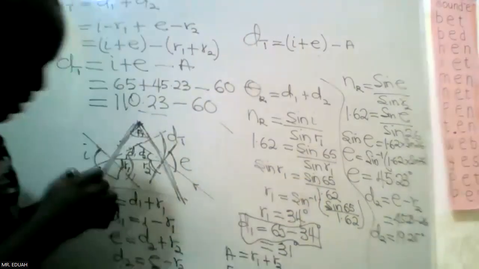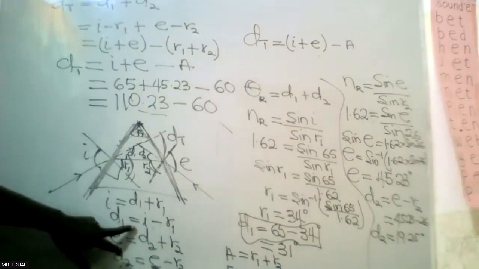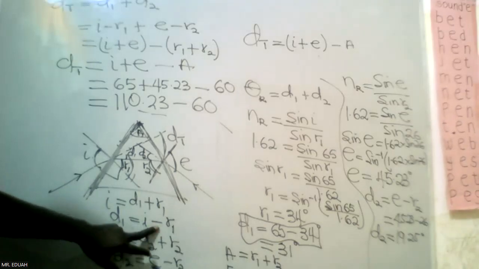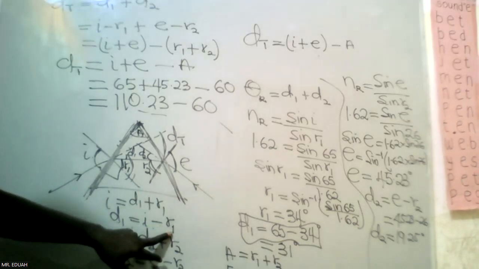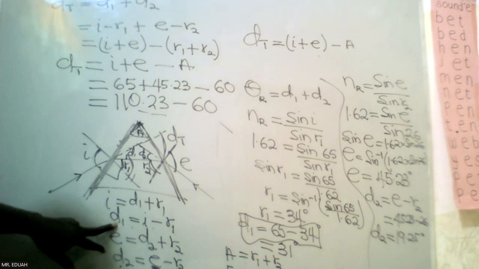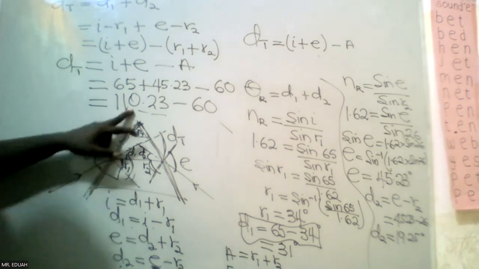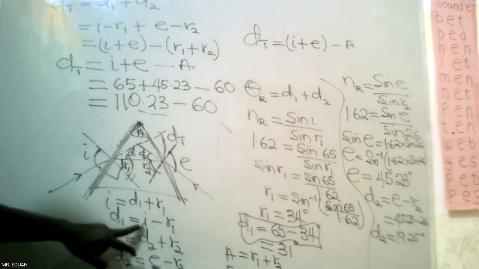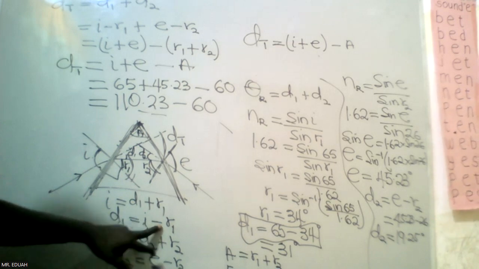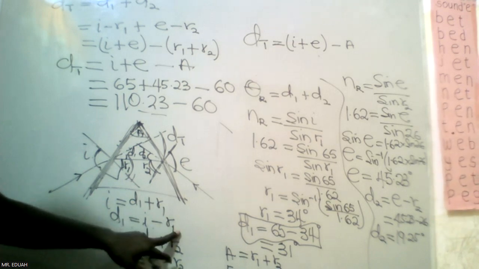D1 is equal to I minus R1. D1, the deviation at the first plane, is equal to angle of incidence minus the first angle of refraction.